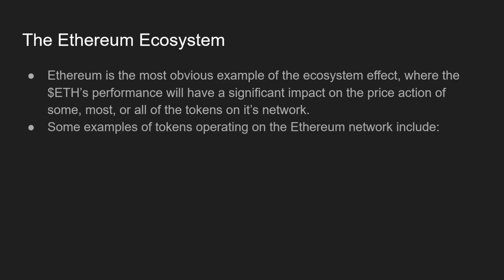Some examples of tokens operating on the Ethereum network include Uniswap, which is a decentralized exchange; Polygon, Matic, a layer 2 scaling solution to help alleviate some of the congestion and traffic flow on Ethereum; Enjin Coin, a digital asset management tool.